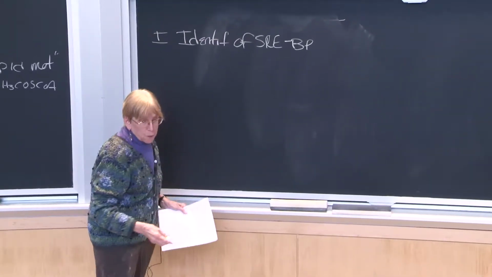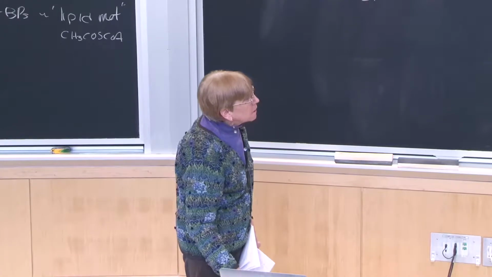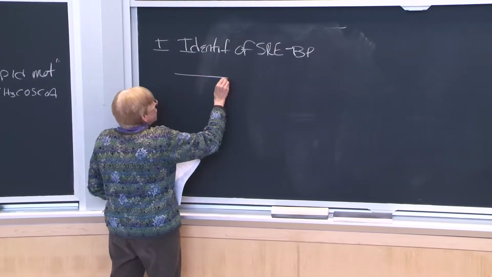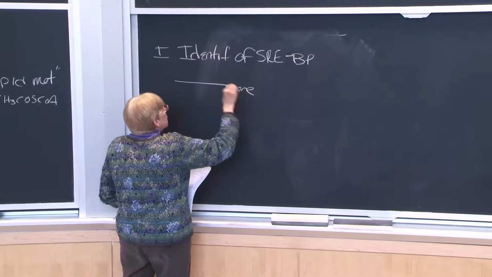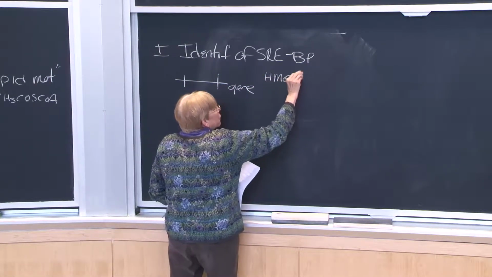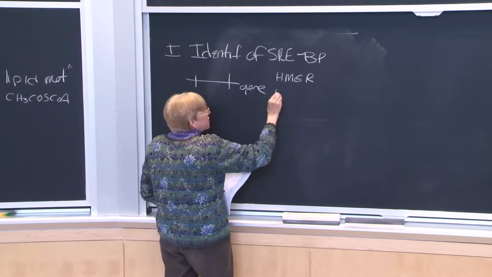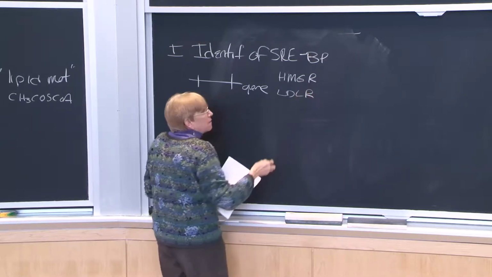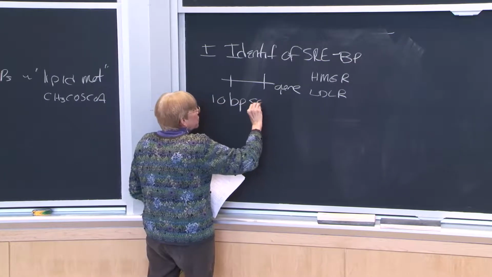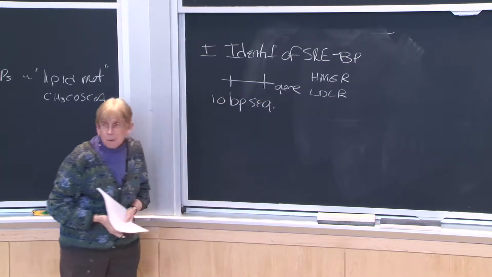And the key to this feat was that Brown and Goldstein recognized that in the front of the gene for HMGR, hydroxymethyl-glutaryl-CoA reductase, and the LDL receptor, they found a 10 base pair sequence that was the same.